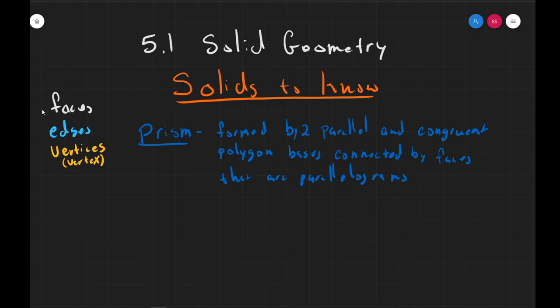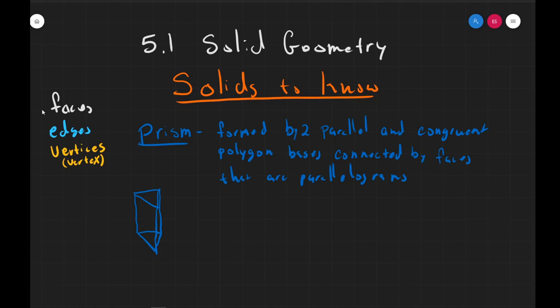All right, a prism is a solid that's formed by two parallel and congruent polygon bases connected by faces that are parallelograms. So for example, if I have a triangle here, and it comes straight down to a congruent triangle, all right, something like that would be a prism.